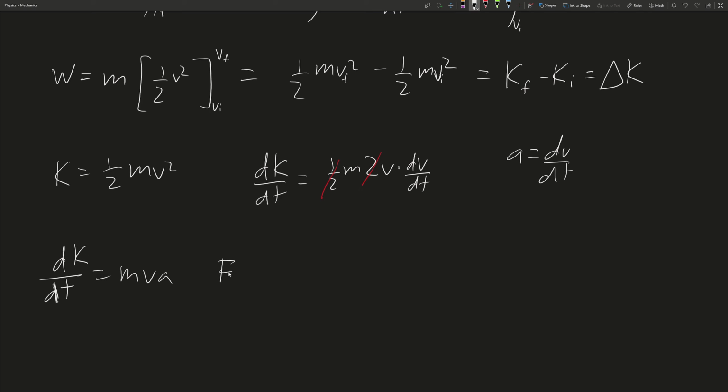Now we know that force is equal to mass times acceleration, so dK/dt is equal to force times velocity. Now, moving the dt to the other side here, we find that dK is equal to force times velocity dt.